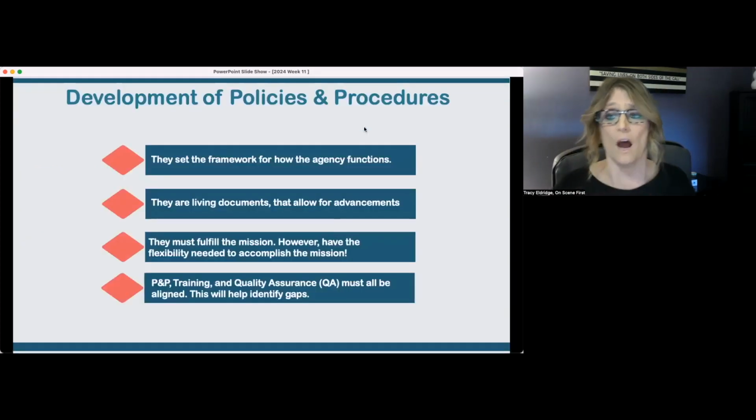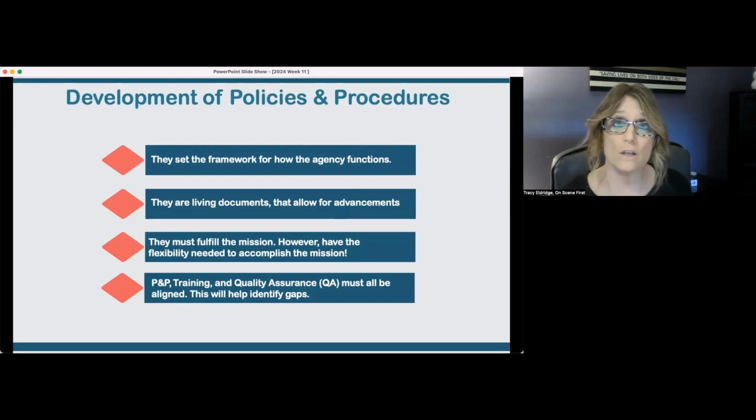As far as our people go, policies and procedures are not necessarily the personnel aspect of it. It's more how it affects the people in the 911 center. So we'll discuss the development of policies and procedures, which set the framework for how the agency functions as a whole.